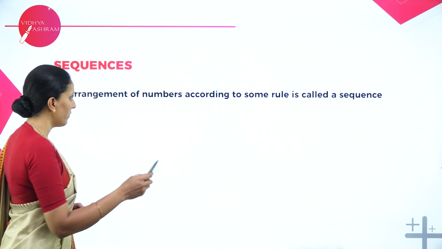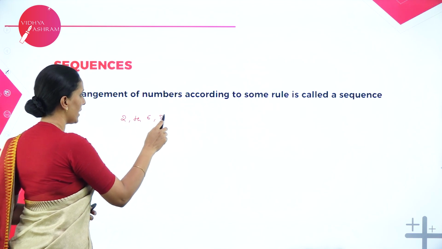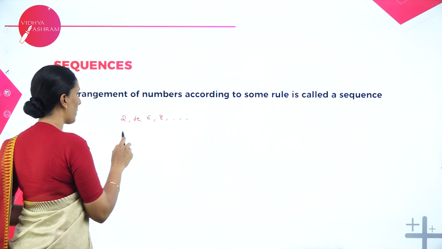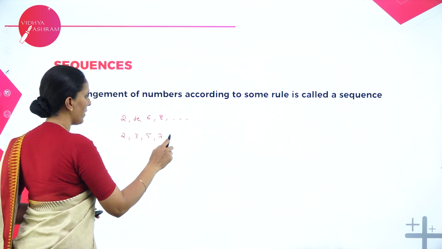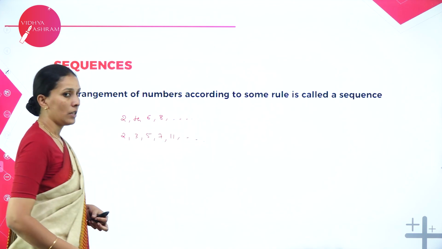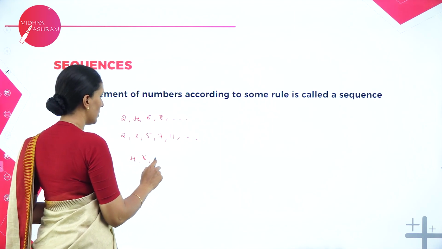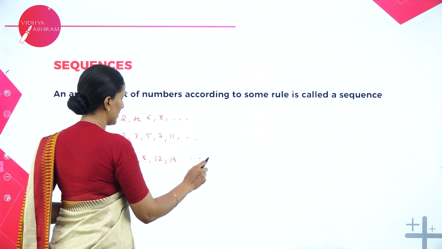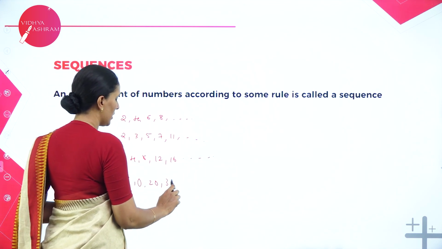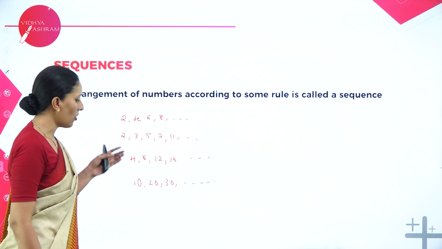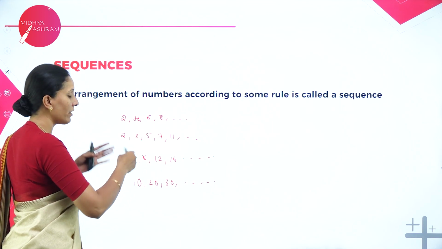For example, we can take a sequence of even numbers 2, 4, 6, 8, etc. A sequence of prime numbers 2, 3, 5, 7, 11, etc. A sequence of multiples of 4: 4, 8, 12, 16, etc. A sequence of tens: 10, 20, 30, etc. If you see all these numbers, they are of different patterns, each having some rule.